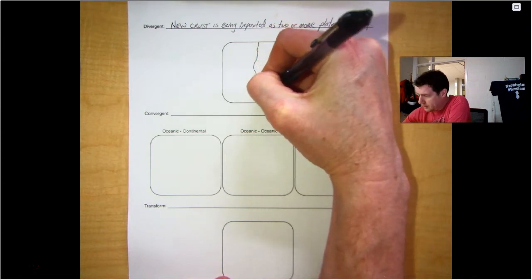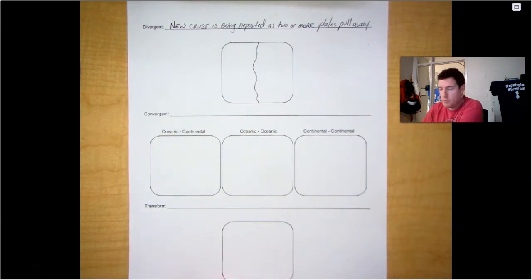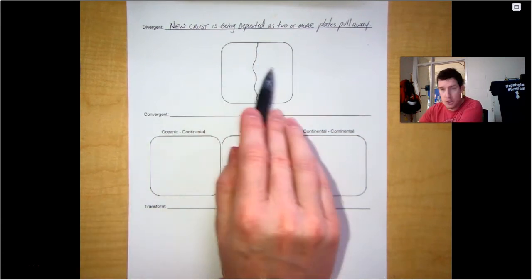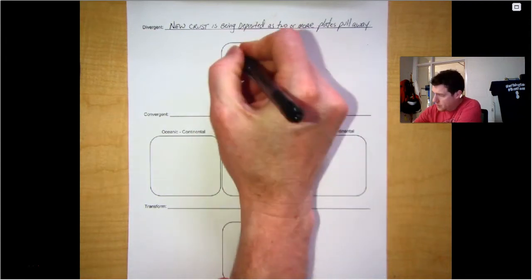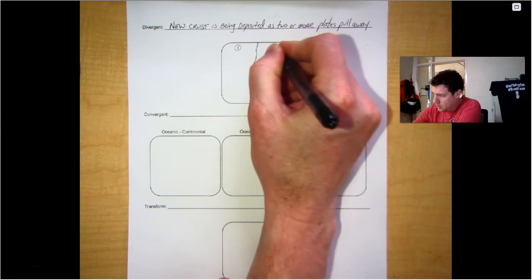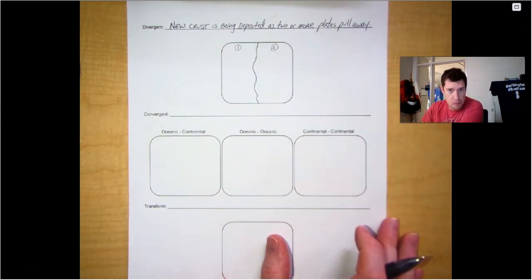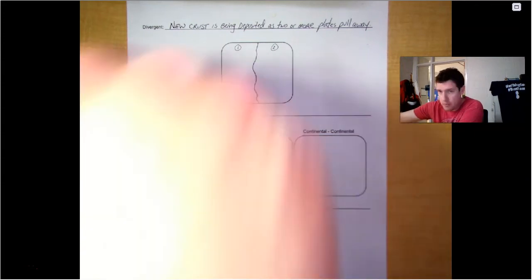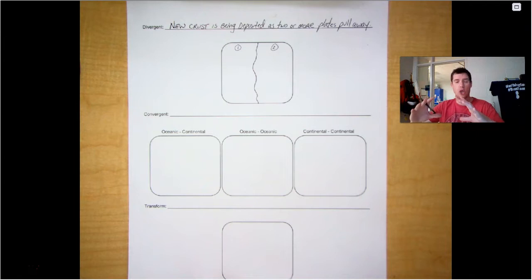Okay, give yourself kind of a puzzle piece shape there, where you've got one puzzle piece touching another puzzle piece. So this is one plate. Okay, this is plate number one. Here's the other plate. Here's its neighbor, plate number 2. Okay, and you're looking at it from the top down. You're looking at it like you're looking at a map of the world. Okay, you're looking at a globe, all right?